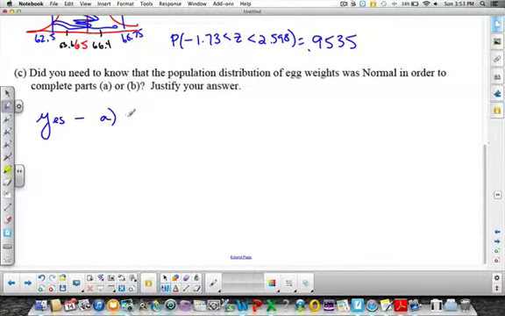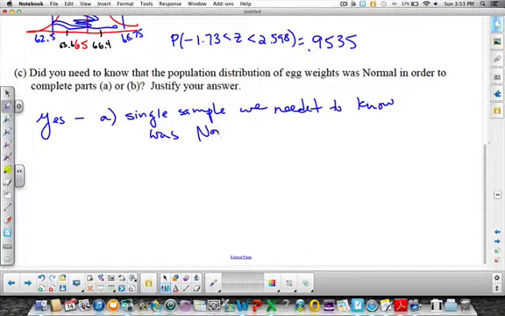In part A, we were looking at a single sample, so we needed to know that the population was normal in order to do the calculation of that probability.